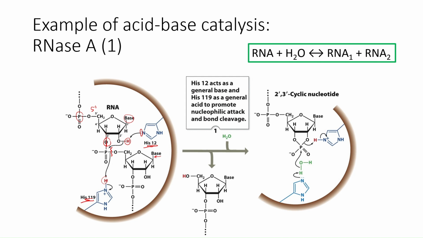And so what happens now is this bottom 3' piece of RNA is now not attached to anything, right? So it's able to float away, and that's what we see down here, where this bond was cut, this proton was donated from this histidine 119 right here, and now that RNA molecule can float away from the active site.